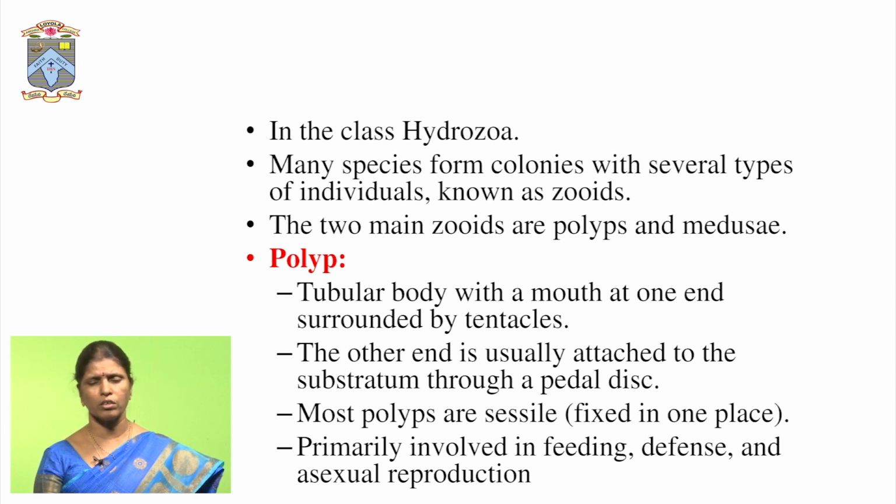This end is helpful for attachment of the body of the animal to the substrate. This gives us an idea that these polyps are usually sessile, meaning non-motile. They cannot move from one place to another.